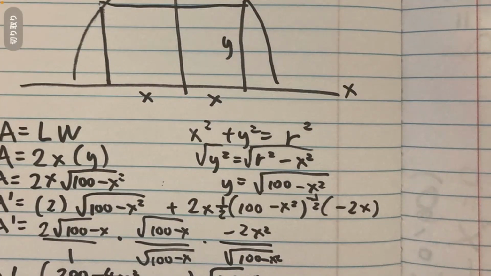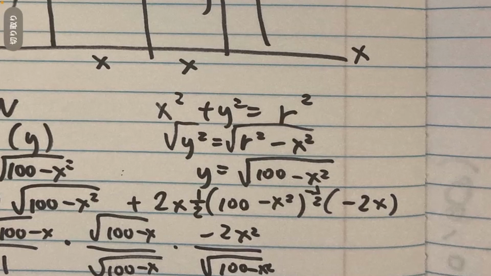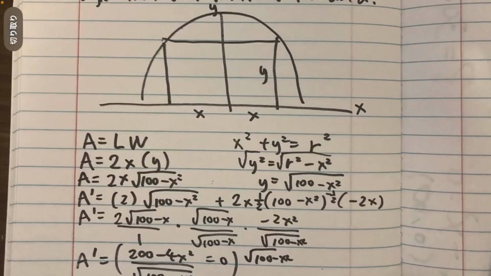We have to find an equation of a circle because we need to isolate y squared equals r squared minus x squared. We can square root that, and we can make y equal to the square root of 100 minus x squared since we are substituting 10 centimeters as the radius.